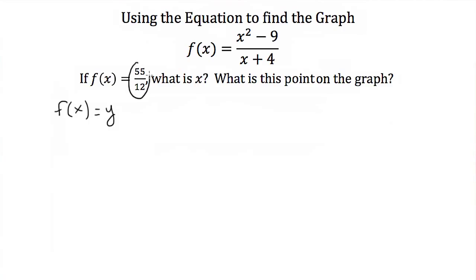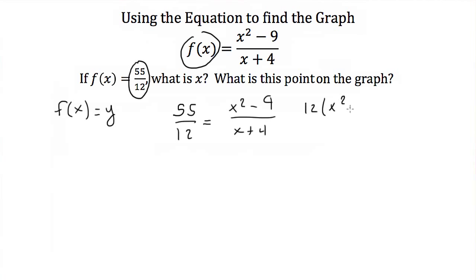So I'm going to take this 55/12 and replace f of x with 55/12 and solve for x. So 55/12 is equal to x squared minus 9 over x plus 4. Now if I want to solve this, I cross multiply. So we'll have 12 times x squared minus 9 is equal to 55 times x plus 4.